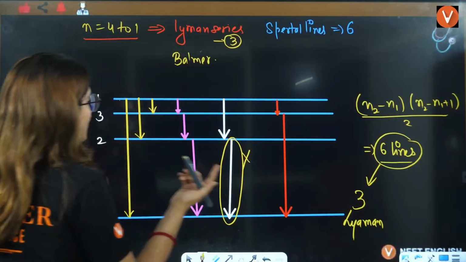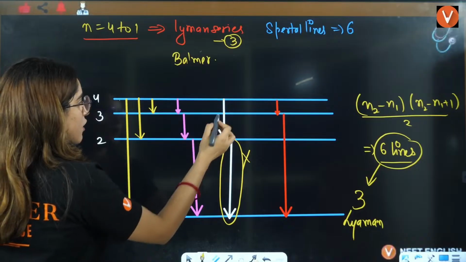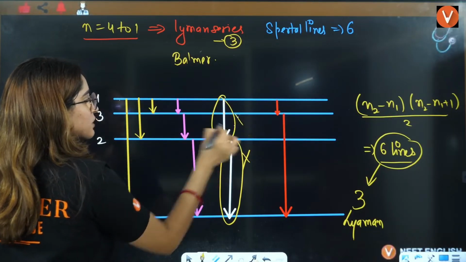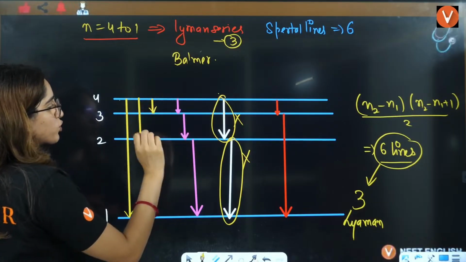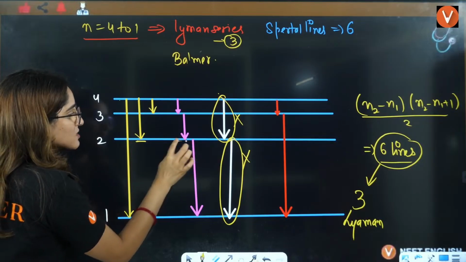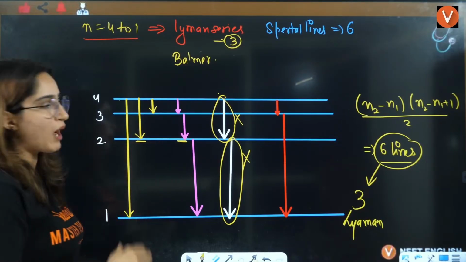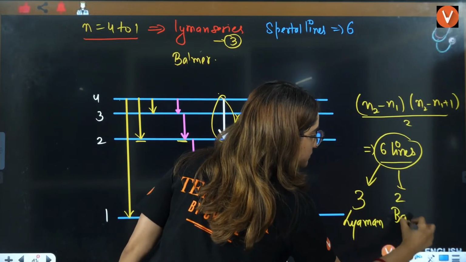Now tell me which belong to Balmer. Balmer means n is equal to 2. So this, and this. We know that these two are common, so this will be eliminated. Common lines we don't take. This is also 4 to 2. This is also 4 to 2. So now this and these are the 2 lines that belong to Balmer. So you can say 2 lines belong to Balmer.